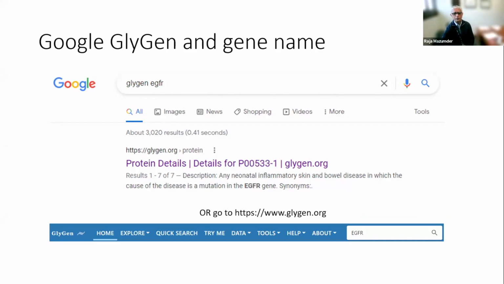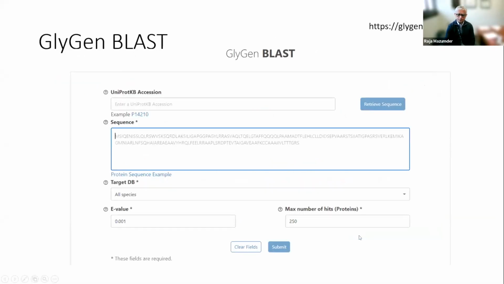Or, of course, you can go to the website, glygen.org, and type in EGFR. So the first way that I showed is that you are entering the resource using a gene name, a gene symbol.